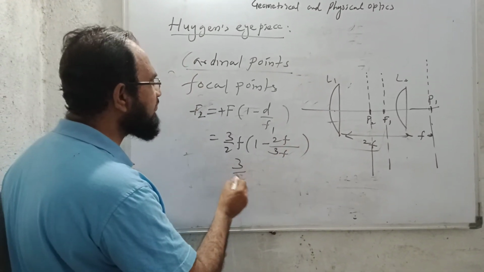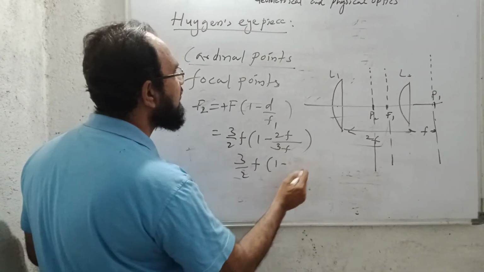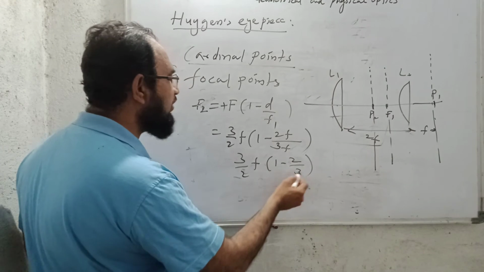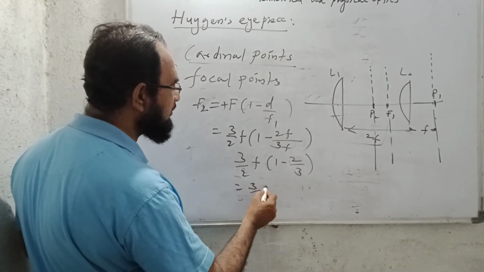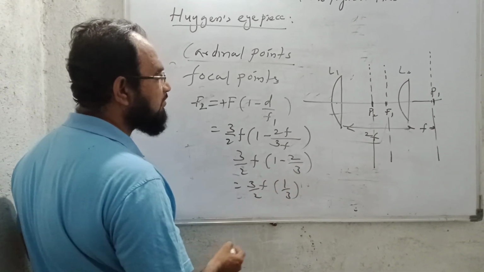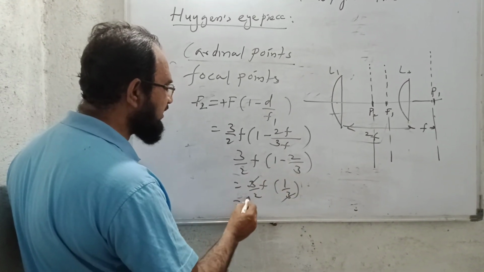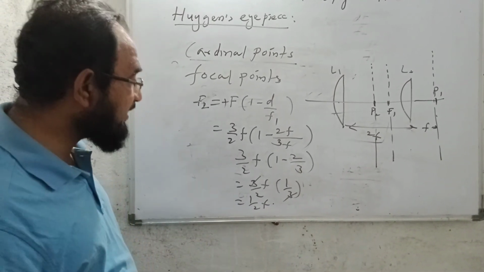So it is 3 by 2f into 1 minus 2 by 3. 1 minus 2 by 3 means 3 by 2 f into 3 minus 2, 1 by 3. 3 get cancelled, and you will get here 1 by 2 f. Means f by 2 from the second lens.